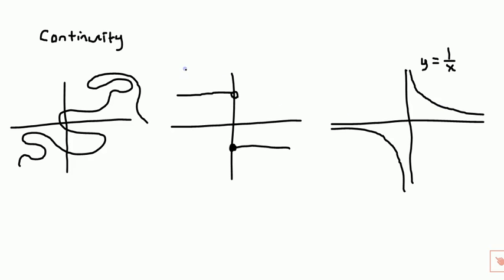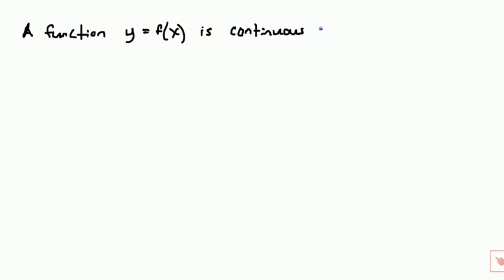So now let's get into the mathematical definition. Let's say we have a function y equals f of x. A function y equals f of x is continuous at a point x equals c if... now there are three different requirements for continuity, okay?